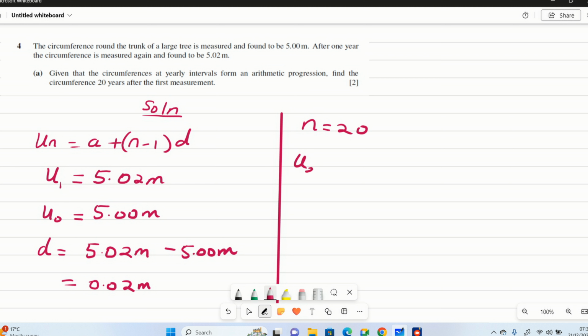Then U20 is given by the initial measurement, which is U1, that's 5.02 meters, plus the number of terms, which is 20 minus 1, then times 0.02. Guys, when you do this, it's going to give you 5.4.